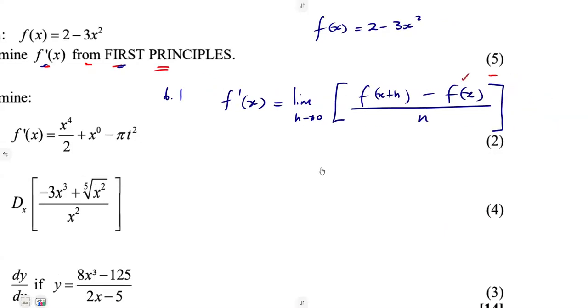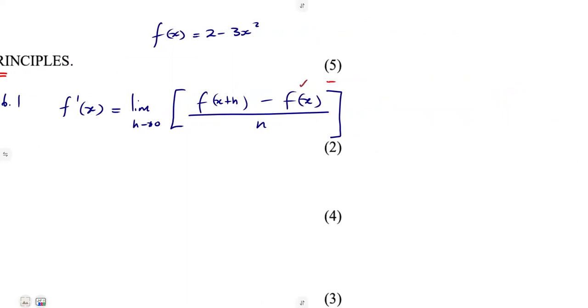We have this, and our f of x plus h. Remember, it simply means in place of x on our f of x, substitute x plus h. So it is going to be 2 minus 3, in place of x squared you put x plus h, so that's x plus h squared.